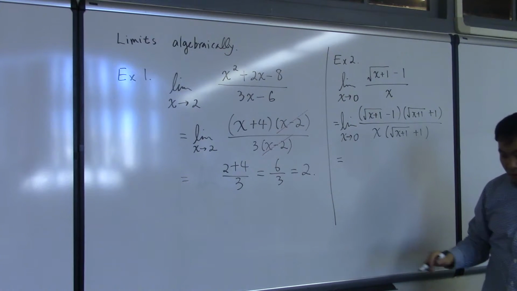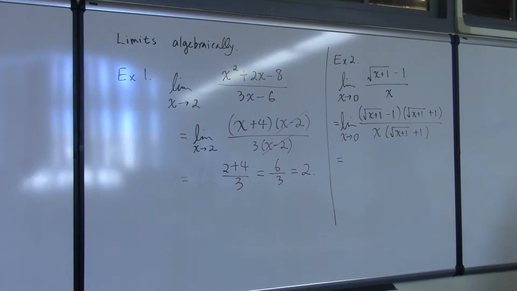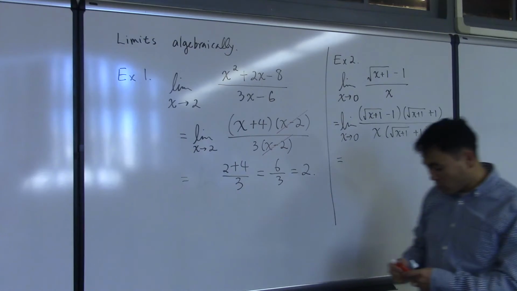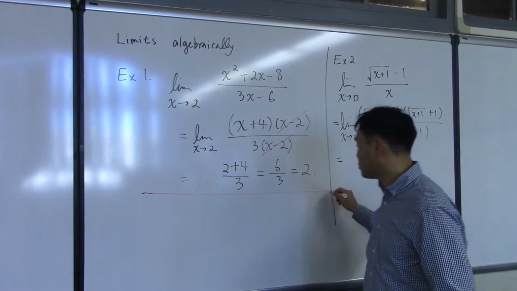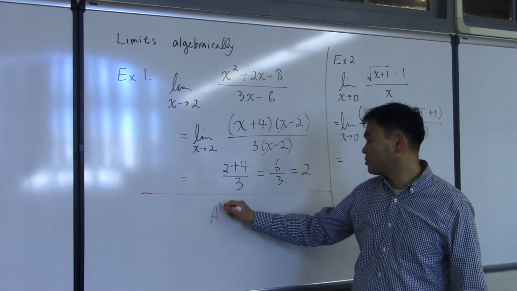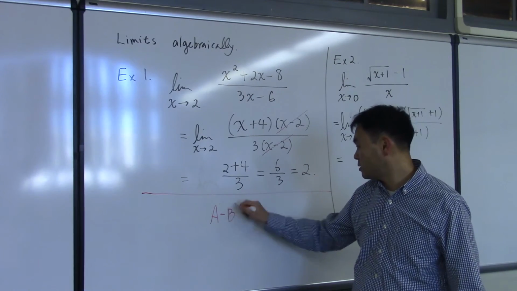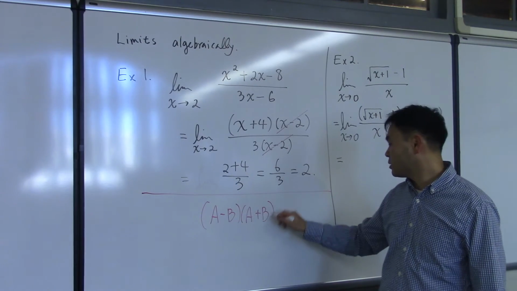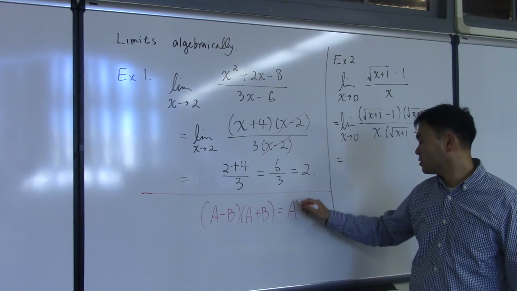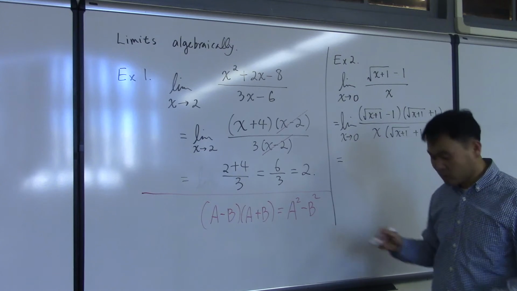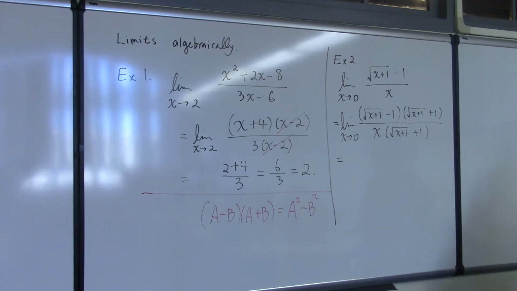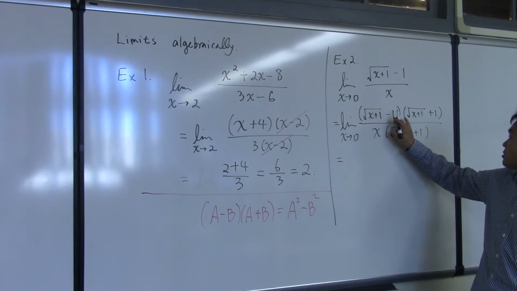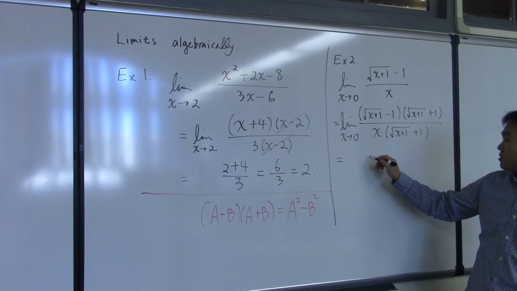Now, why do we want to use the conjugate? The reason that we multiply the conjugate is because we want to use the following formula. a minus b times a plus b gives you the difference of squares. Probably seen this before. So if I multiply a minus b and a plus b, I will get the square of the first one.